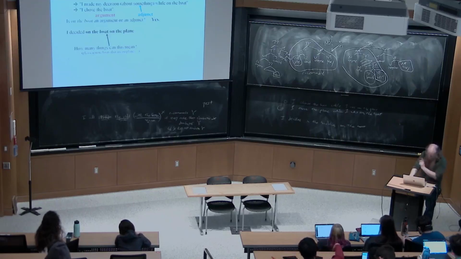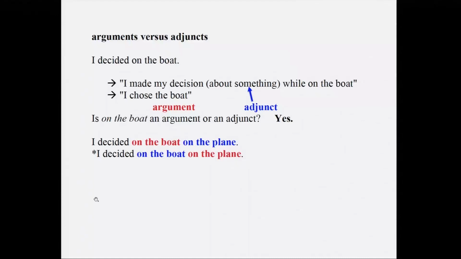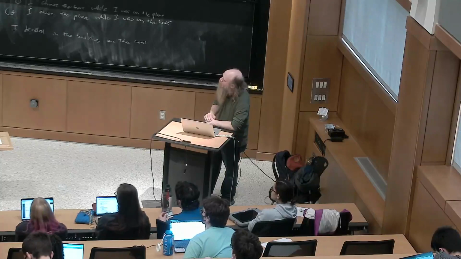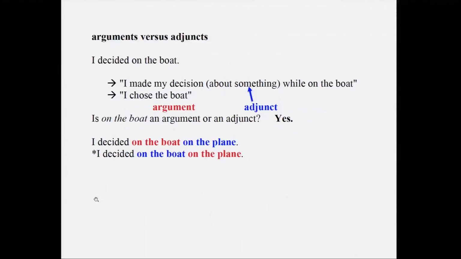I think the next slide is going to echo a version of that. Here I've got an idealized version of the judgments that we more or less got. There are some people for whom you can get either reading. Interestingly, nobody has the opposite judgment, that I decided on the boat on the plane preferentially means I chose the plane while I was on the boat.